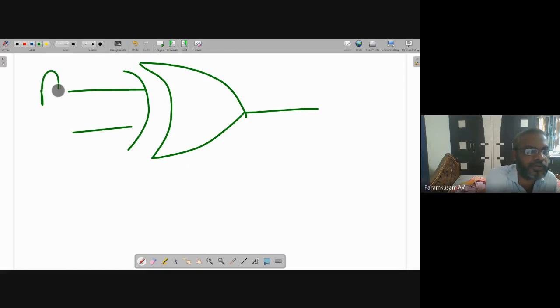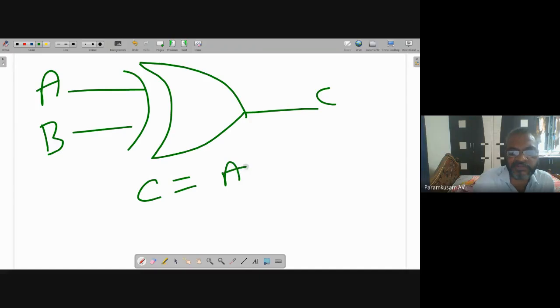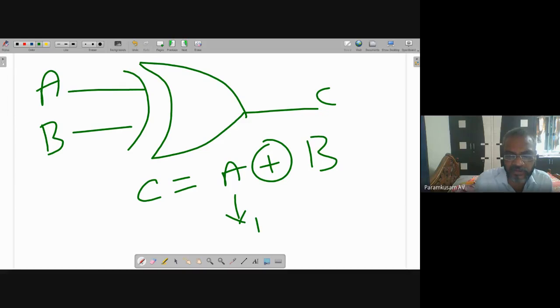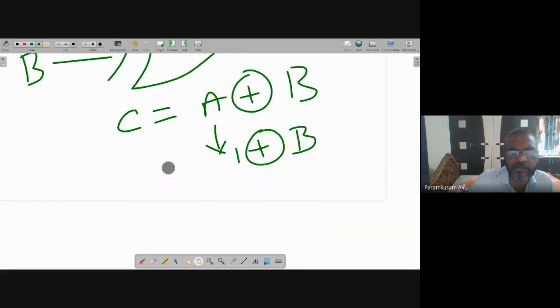Suppose you are giving two inputs A, B, the output is C. C is equal to A exclusive OR B. If one input is 1, what is 1 exclusive OR B? Whatever may be B, B అన్నది ఏదైనా అవ్వచ్చు, లాజిక్ 1 అవ్వచ్చు, లాజిక్ 0 అవ్వచ్చు.